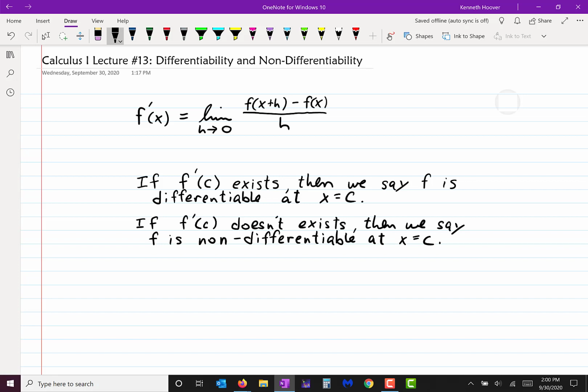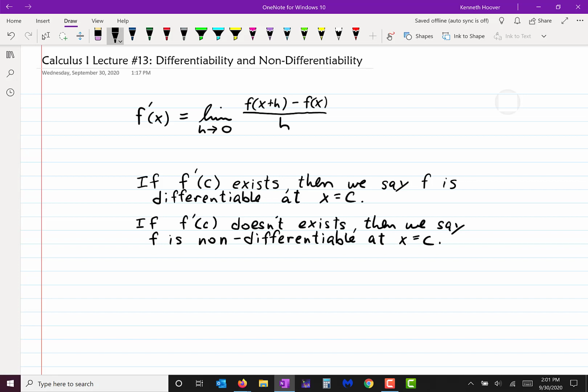If the derivative exists at every point of the domain, then we just say that the function is differentiable. Do you hear the difference there? If I say it's differentiable at x equals 2, then that means there is a derivative right there when x equals 2.